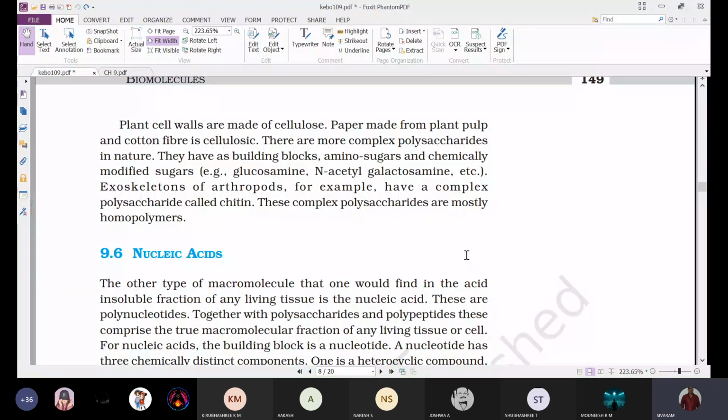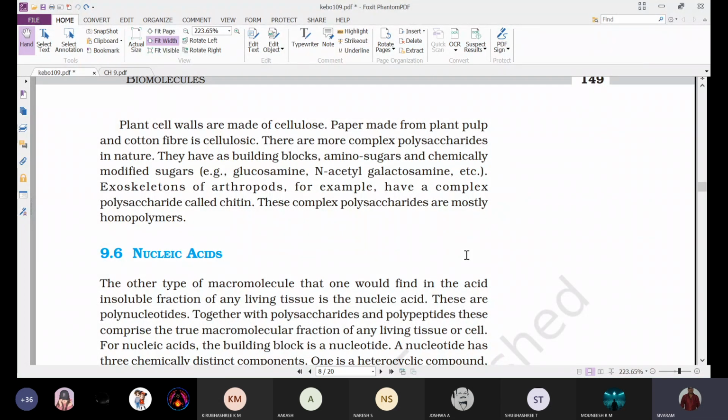Complex means that two or more different types of sugar monomers are joined to form heteropolysaccharides.